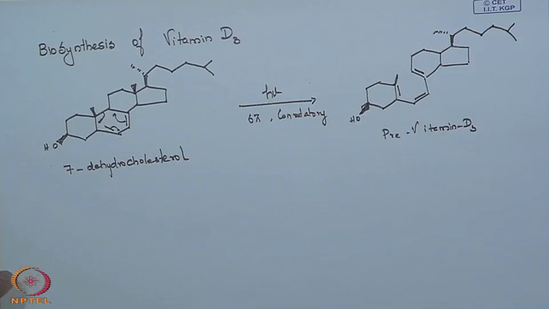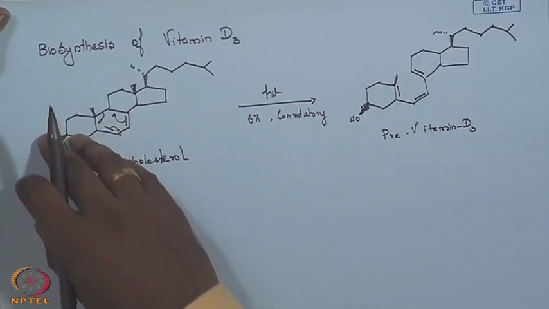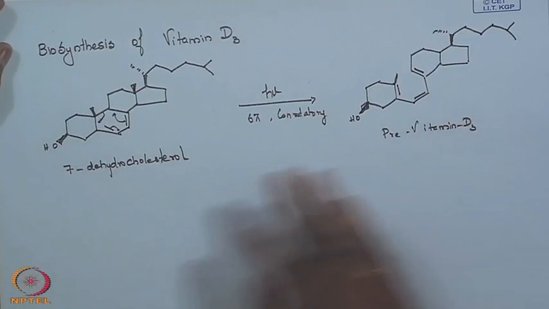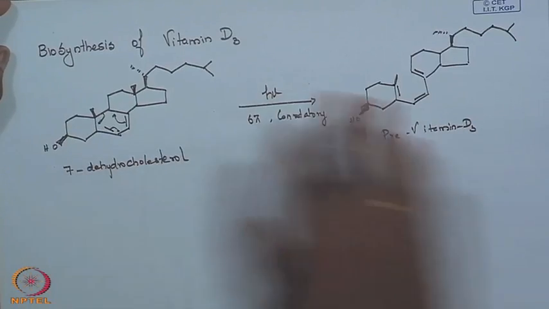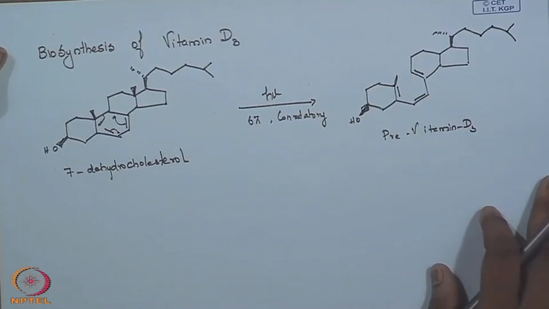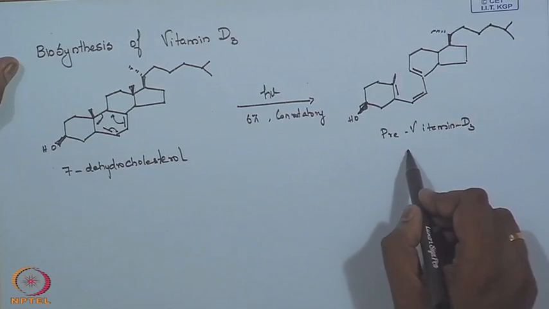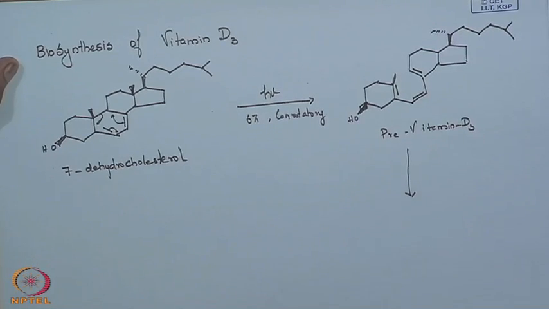Have you studied what will happen next? In one class I taught you what will happen to this pre-vitamin D3. Now you have to understand this not just with respect to the electrocyclic reaction, but the whole thing as pericyclic reactions. Now see this product. Is there any possibility of a reaction under light? It can be a type of sigmatropic shift.